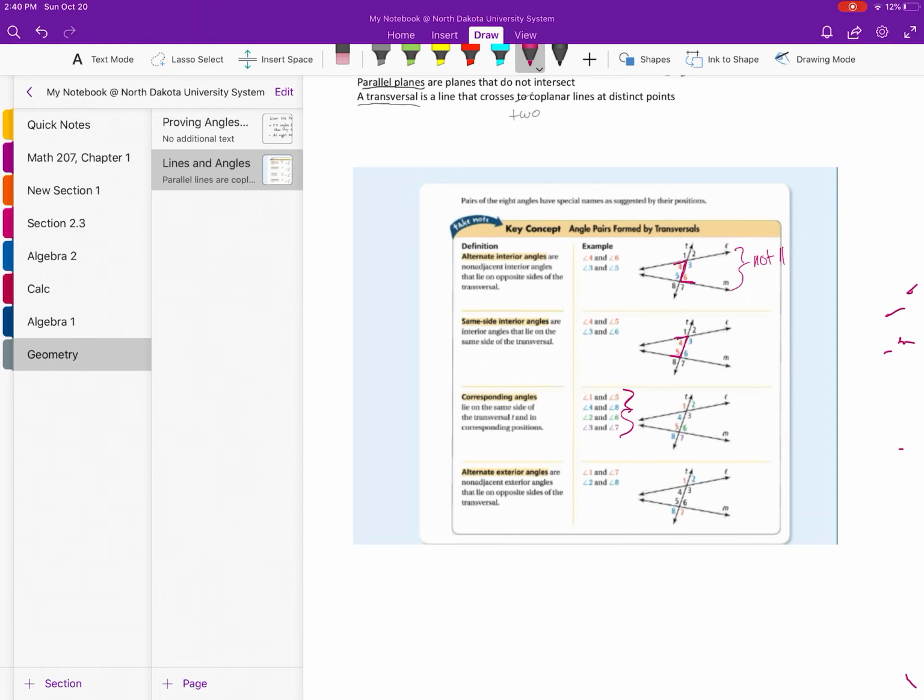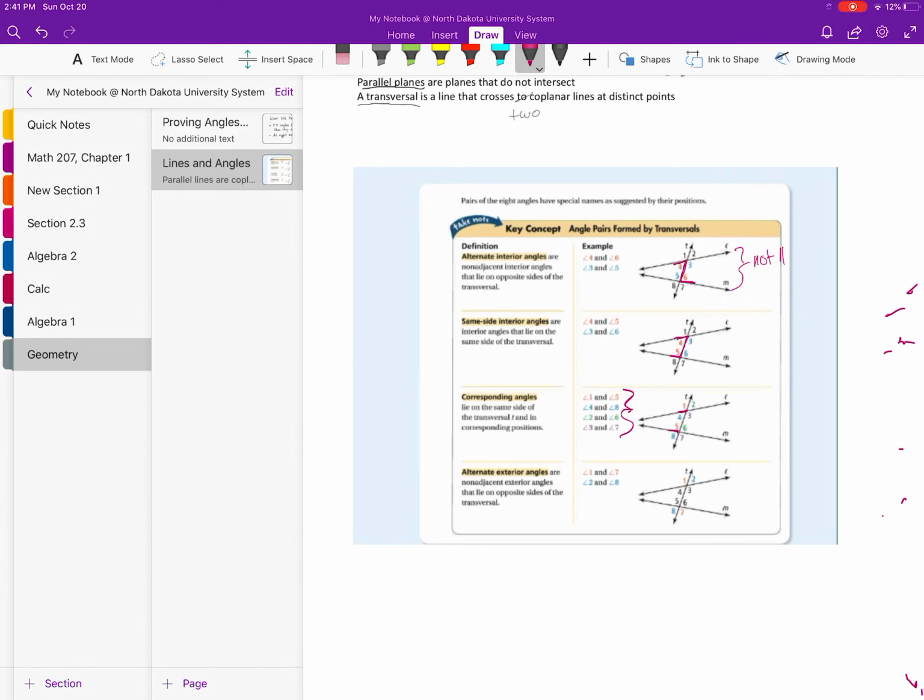So they call out all the different corresponding angle pairs from this drawing. And you can see 1 and 5 are on the same side of the transversal and on top of their respective lines. So 1 is on top of L in the same position that 5 is on top of M.